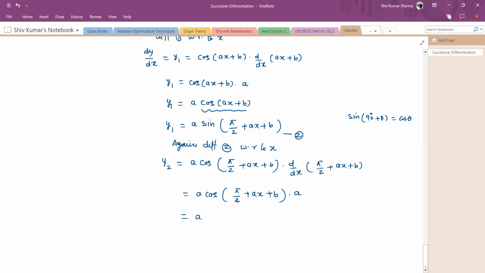This can be written as a into a, that is a squared, into cos(pi/2 + ax + b). So this is our y2.